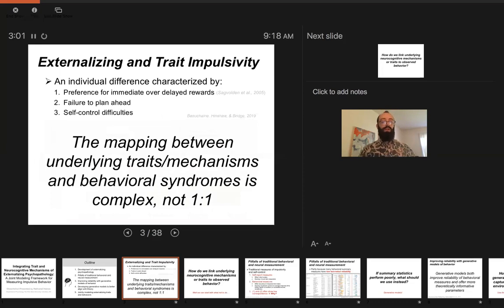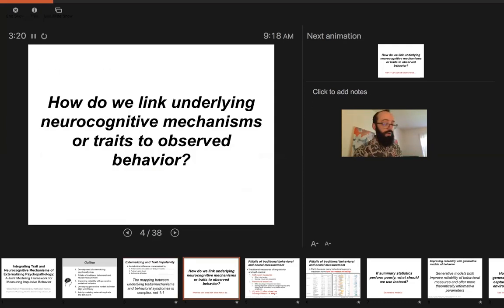Not only do I have to have high trait impulsivity, I have to not be very good at regulating my emotions, and I have to encounter certain environmental contexts in order to get pushed along this trajectory. Figuring out who will and who won't progress through this trajectory is quite challenging. That's one of the things that really motivates a lot of my research: how do we link the underlying mechanisms that we think are responsible for behavior to observed behavior itself?